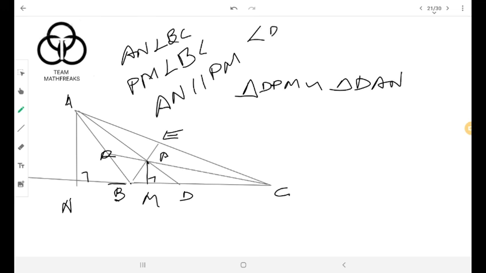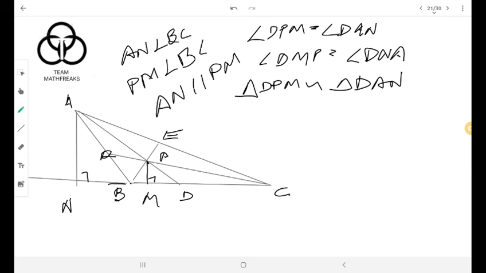Because angle DPM equals angle DAN, corresponding angle. Angle DMP equals angle DNA. Is it done?